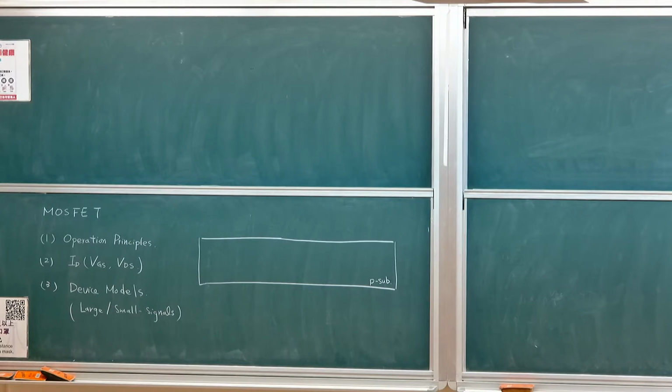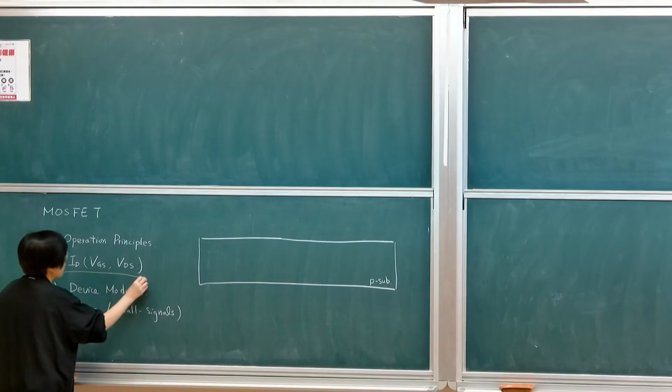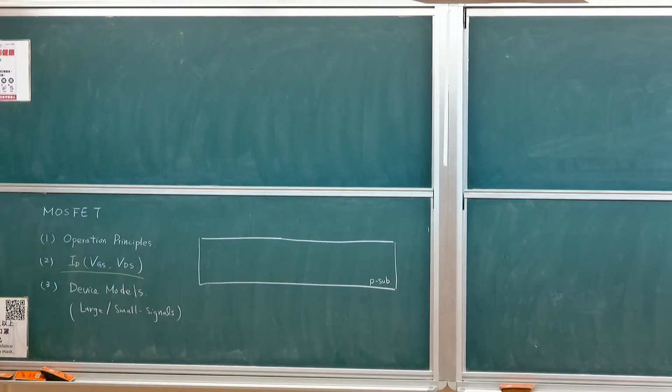We're going to start with the operation principle of the device, and also the most important thing: when one discusses device physics and starts bridging it to the circuit, you basically need models. So we're going to do some simple derivation to find the main current we're concerned about. In a bipolar junction transistor, that is the collector current.